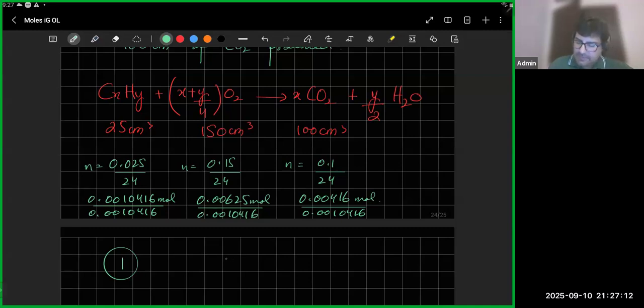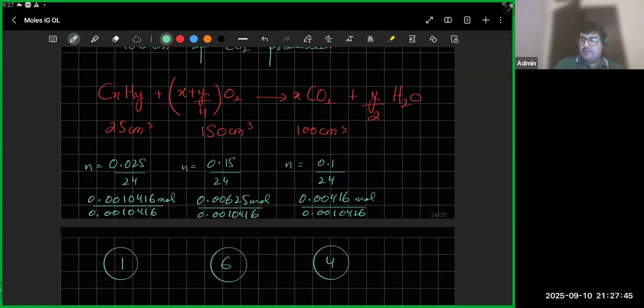So that is approximately 6. And the last one is 0.00416. What do I do, divide by 0.0010416. That's approximately 4.